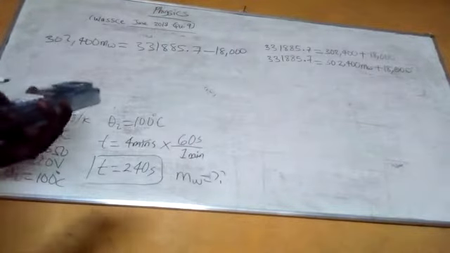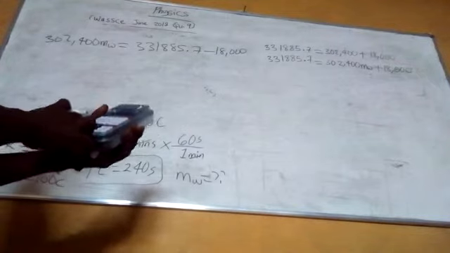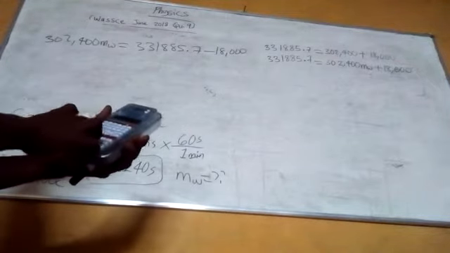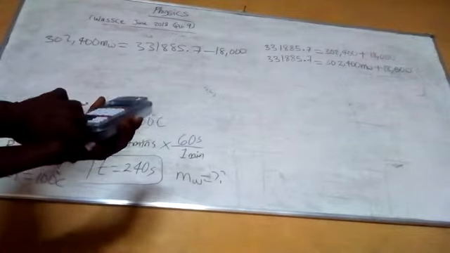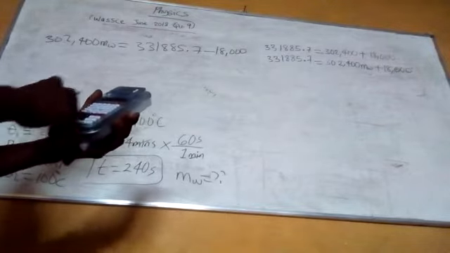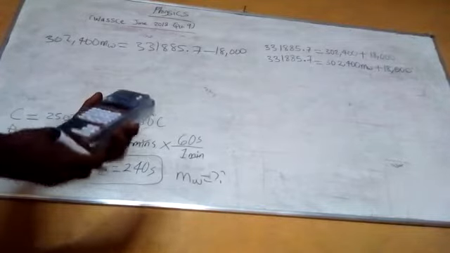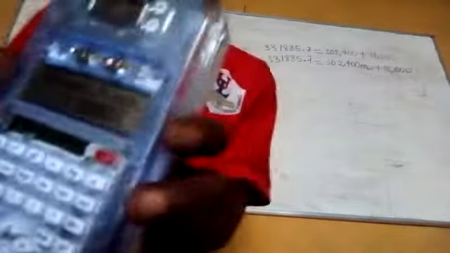So now we have 331,885.7 minus 18,000 equal to, this is what we'll get when we do our subtraction.